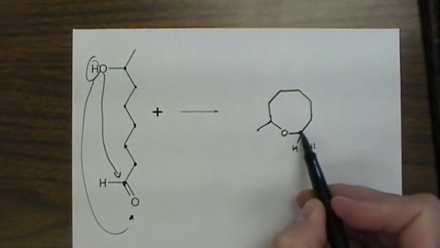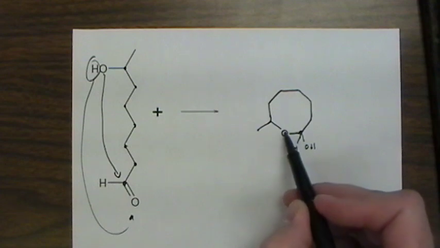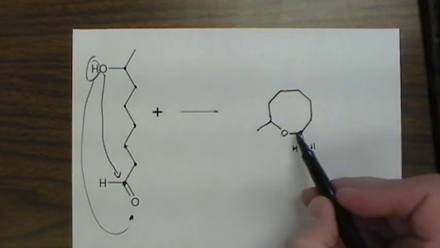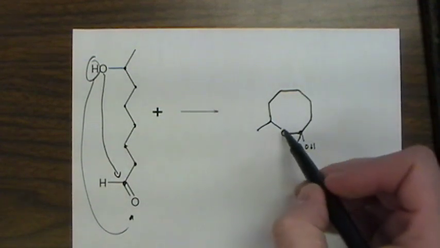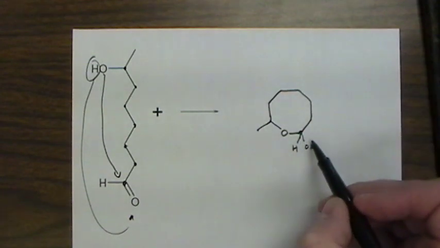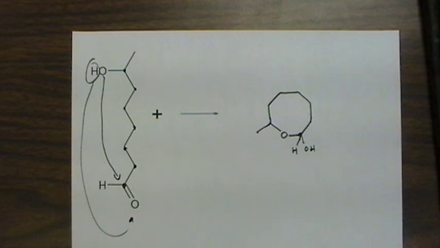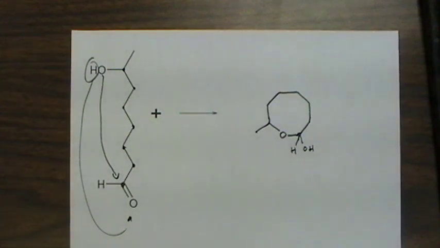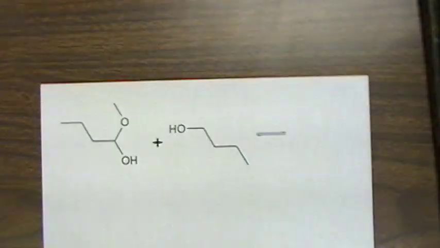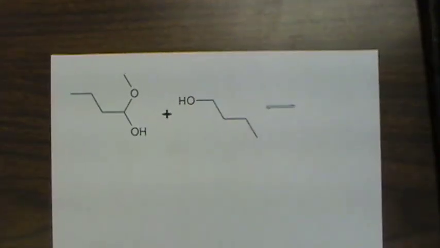You can see that we have a carbon, and there's an O attached to an alkyl group. Even though it latches back around, it's still O with an R group on it. The hydrogen OH group here, and it's the same structure as the regular hemiacetal, just that it is in a ring form.